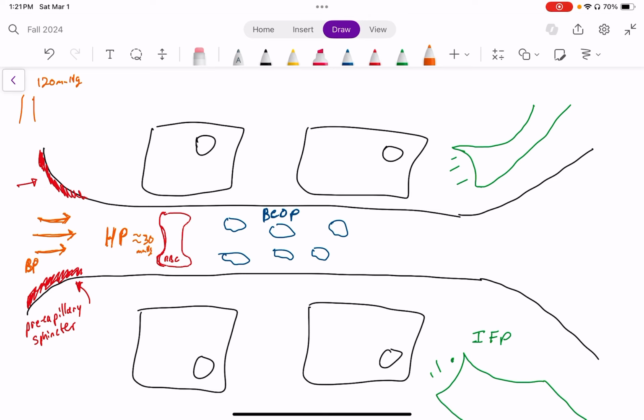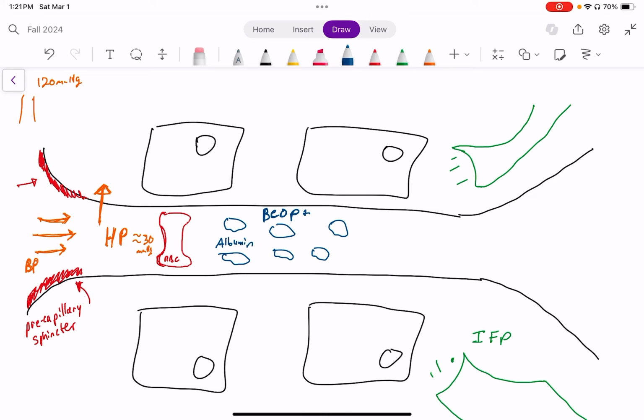And this blood pressure, right, that's the pressure coming into the capillary. And so that would mean that it would want to push blood out. Okay. So there's 30 millimeters of mercury pushing blood out. Then a second pressure gradient that we have here is BCOP. And this is caused by a bunch of big proteins that are in the blood, primarily albumin.